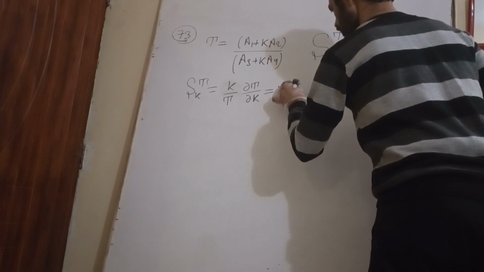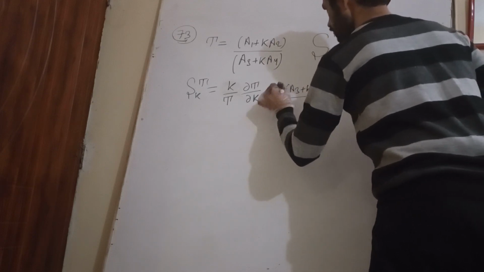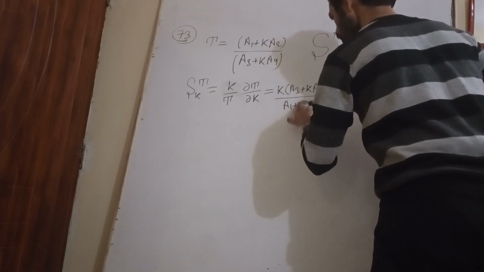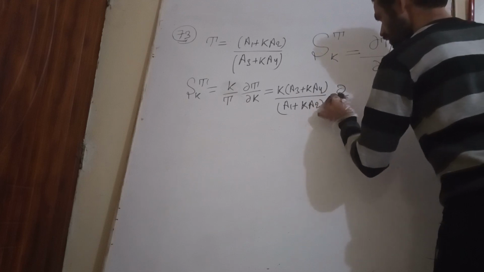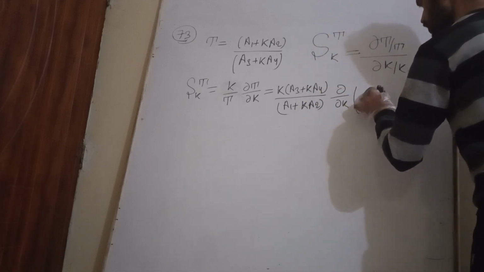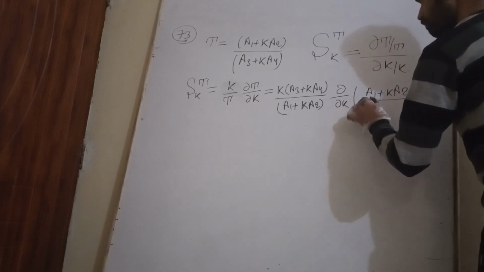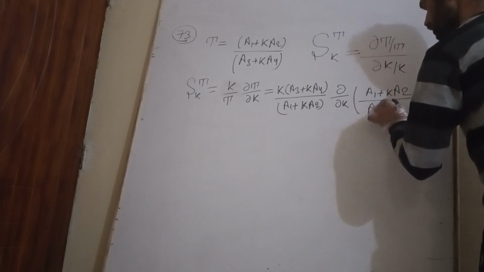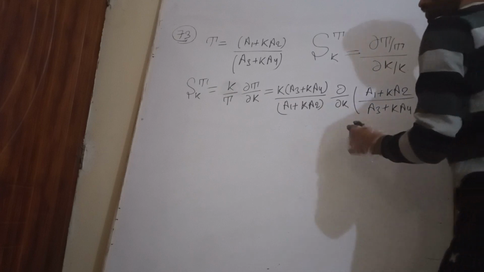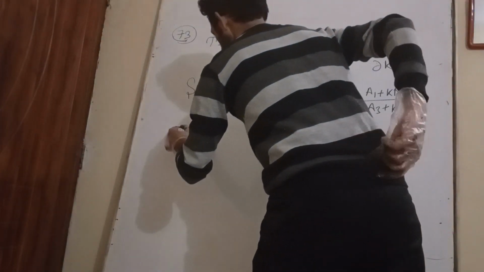So this is nothing but (a3 + k a4) divided by (a1 + k a2), and then dou by dou k of this transfer function (a1 + k a2) divided by (a3 + k a4). So now we have to differentiate this factor with respect to k.